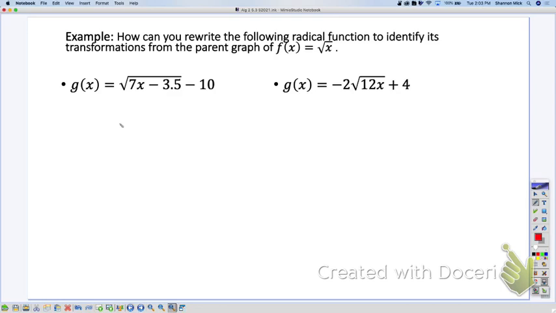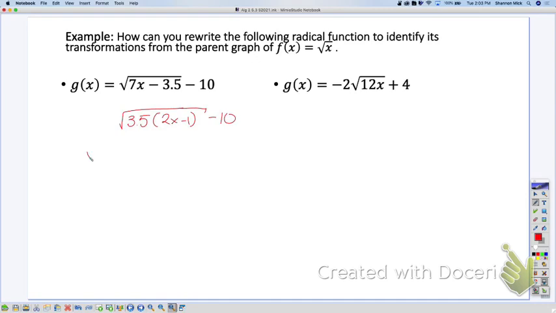My way gives you 1 as a coefficient for x. Okay, so if I'm going to factor out 3.5, what do you have left? 2x minus 1 minus 10. So this would be the square root of 3.5, yes?